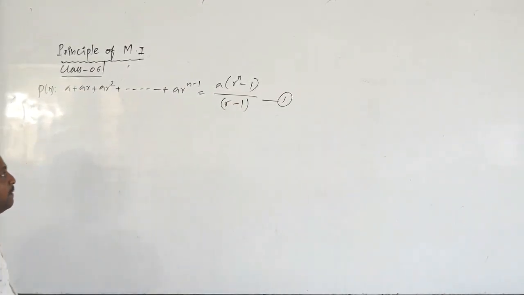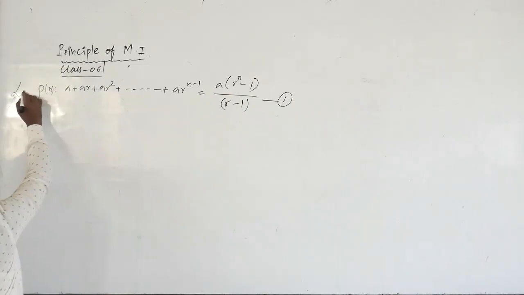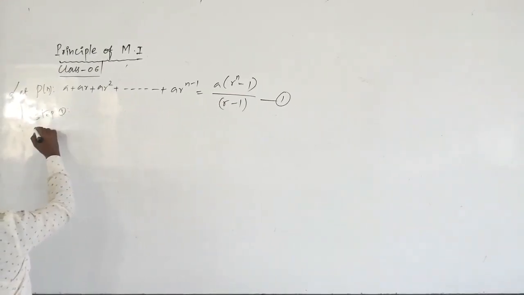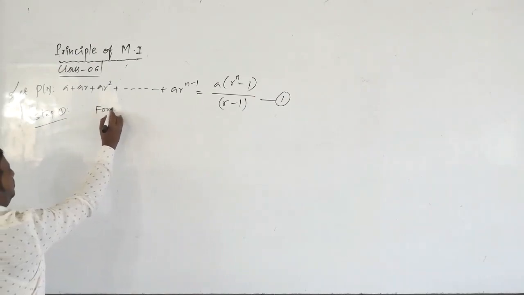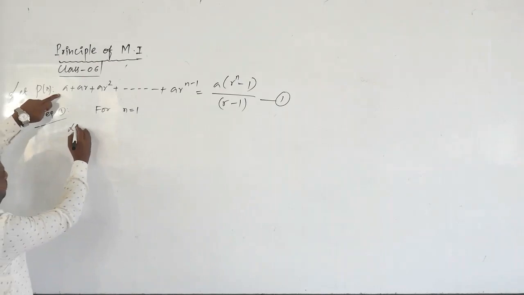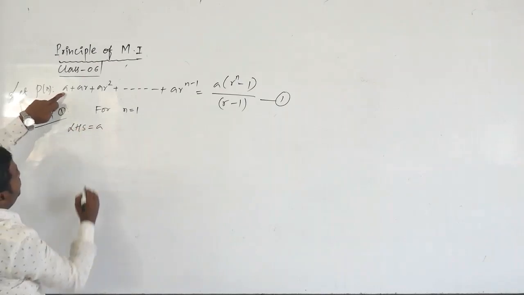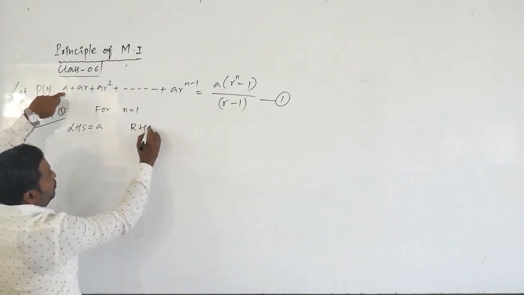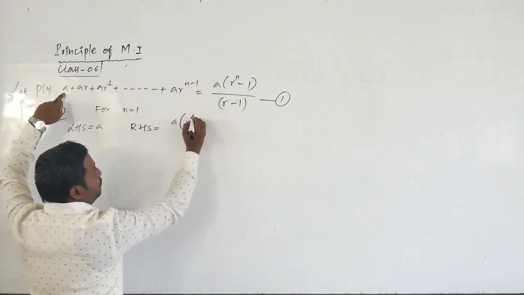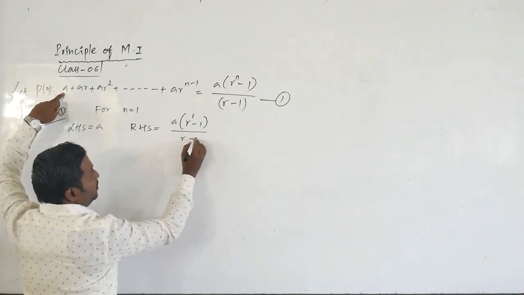Question number 1. Step 1. For n is equal to 1. LHS: for n equal to 1, we get A. RHS: n equal to 1, A into R raised to 1 minus 1 by R minus 1.